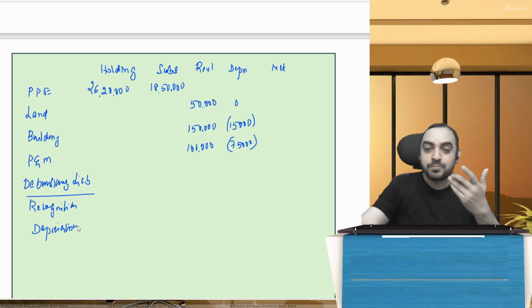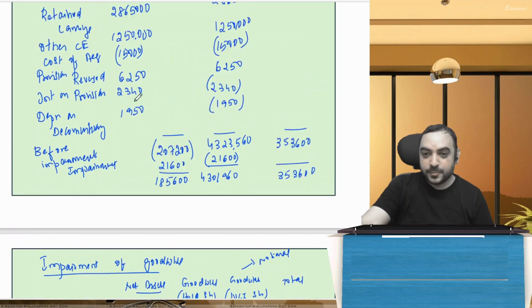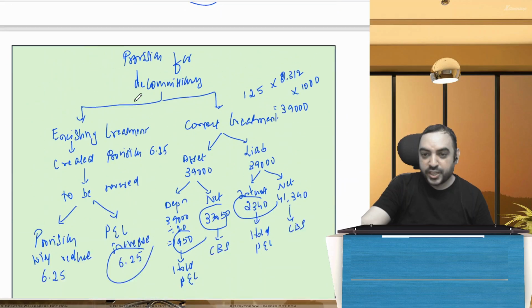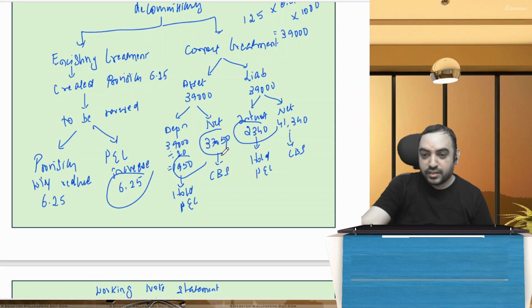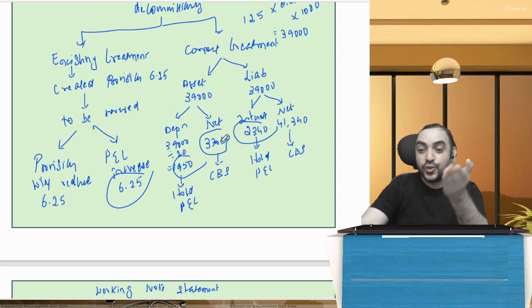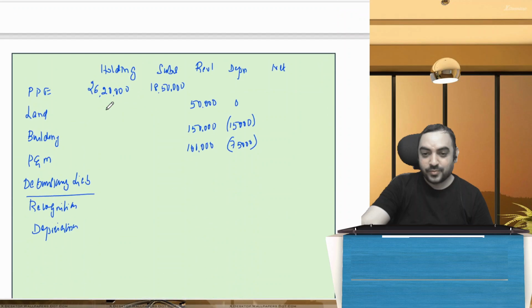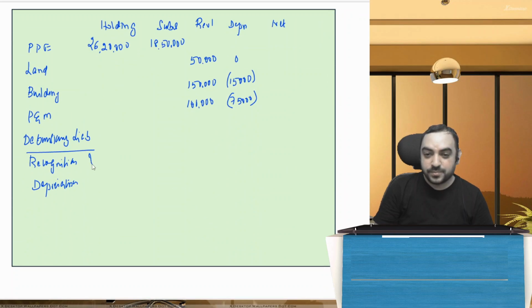The asset will not be affected. So the recognition that we created here before in the working note, I have already calculated the net only: 39,000 asset, depreciation 1,950, so net 37,050. Yeah, net only I can take, 37,050.